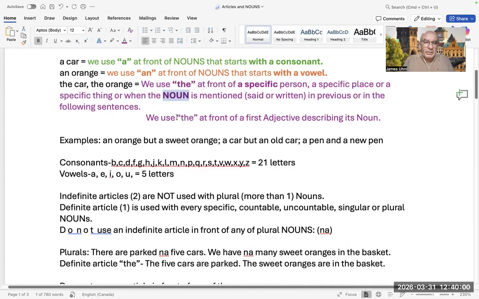We use the in front of a first adjective describing its noun.